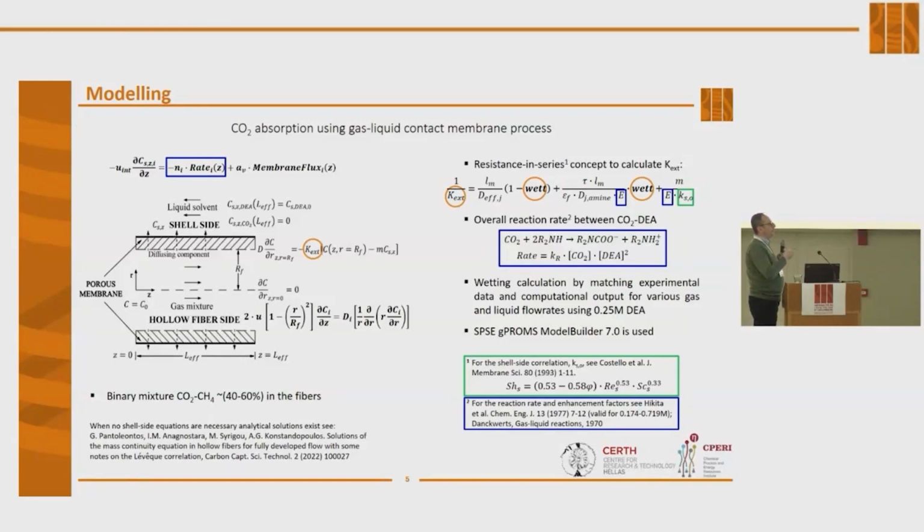We need to incorporate the cell side mass transfer conservation equation, and we are coupling the two computational compartments with a linear boundary condition, which postulates that the mass flux at the inner wall of the fiber is equal to Kx, a combined mass transfer coefficient, multiplied by the concentration difference at the outer parts of the membrane.